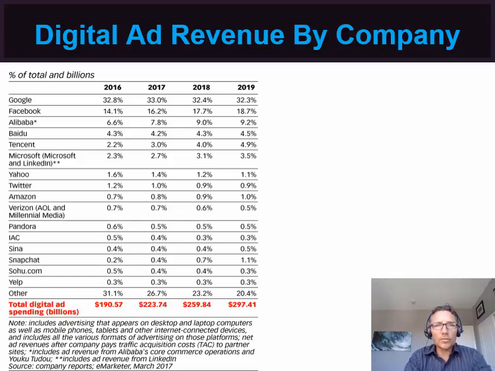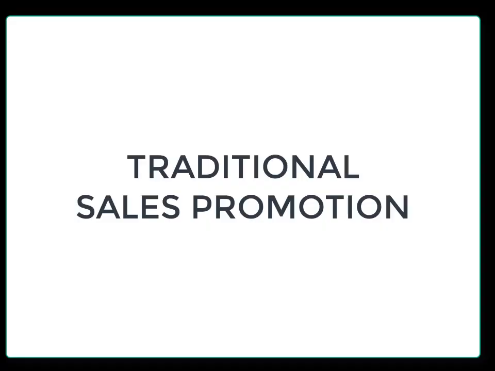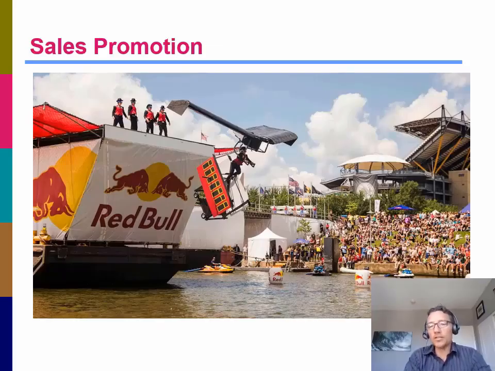So in 2017, Google and Facebook alone, those two, huge numbers on capturing ad revenue. By 2019, we'll be close to almost $300 billion. So that's a little bit about some of the different ad formats and how the spending is going in the digital space. So next up, let's talk about sales promotion.